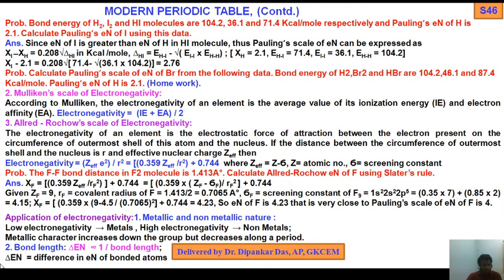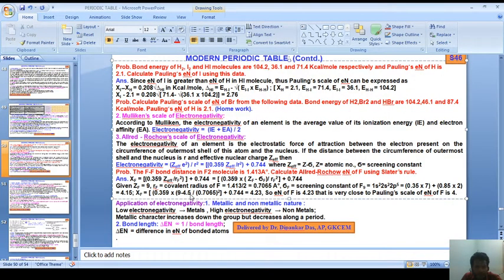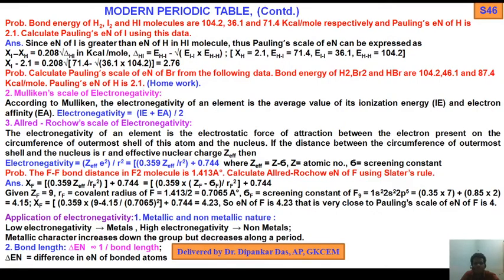So chi F equals 0.359 times (9 minus 4.15) by 0.7065 whole squared, where 0.7065 is the covalent radius, plus 0.744.